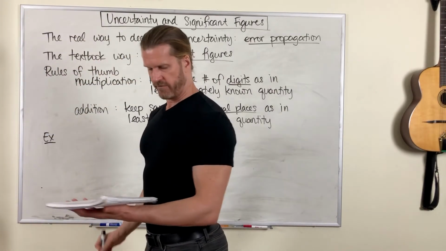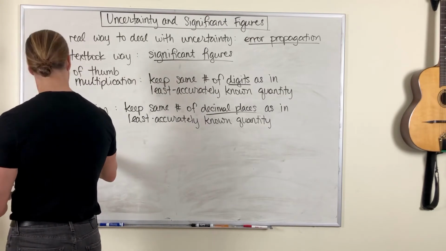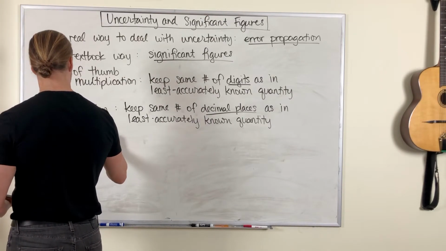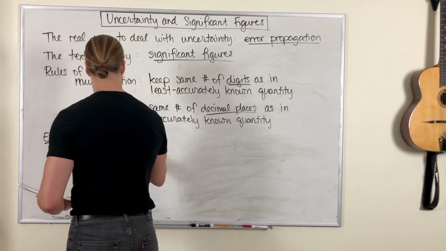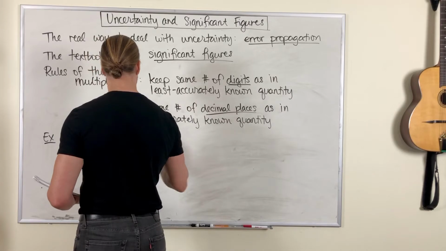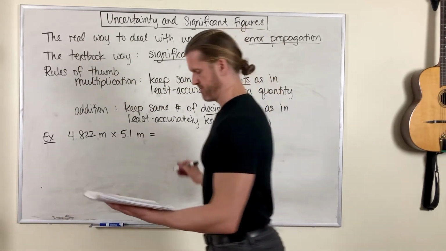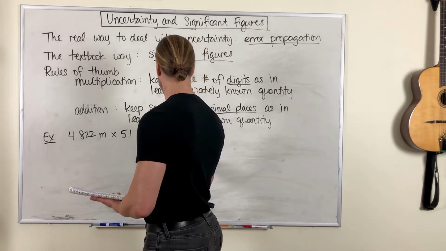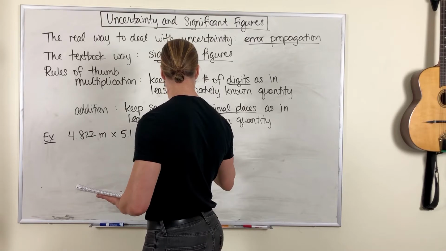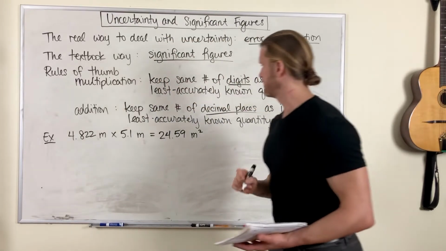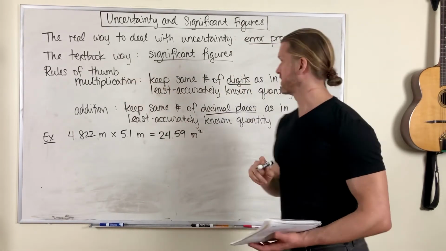For example, let's say we want to multiply 4.822 meters times 5.1 meters. Now, if you just type that into your calculator, you get this answer, 24.59 meters squared. But let's look at our rule for multiplication.